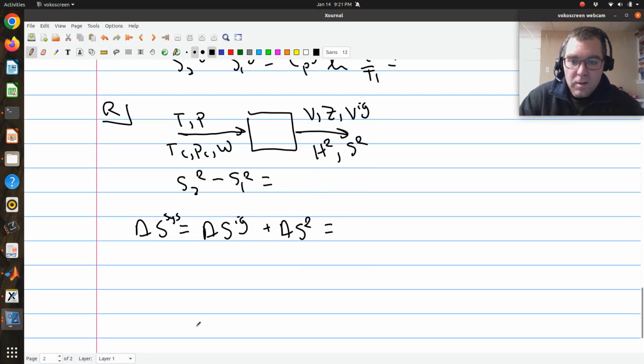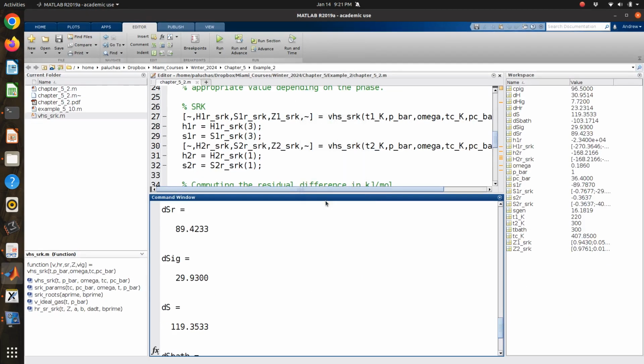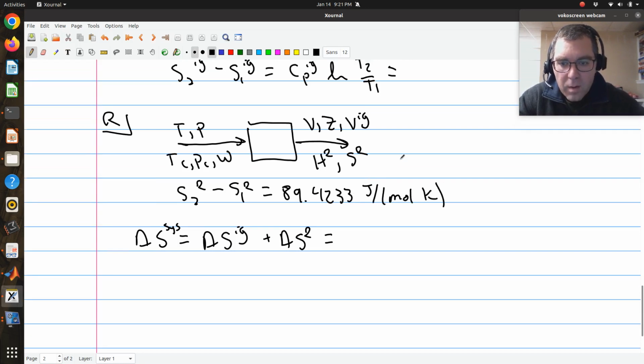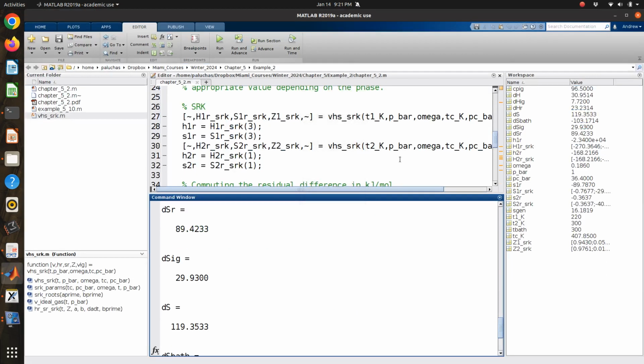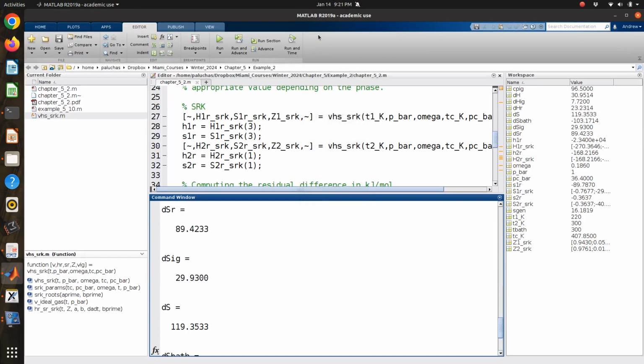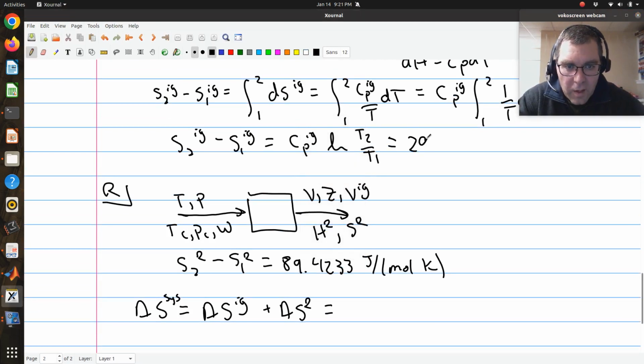Okay, so let's write these values down here. Residual contribution, 89.4233 joules per mole Kelvin. My ideal gas contribution, 29.9300 joules per mole Kelvin.